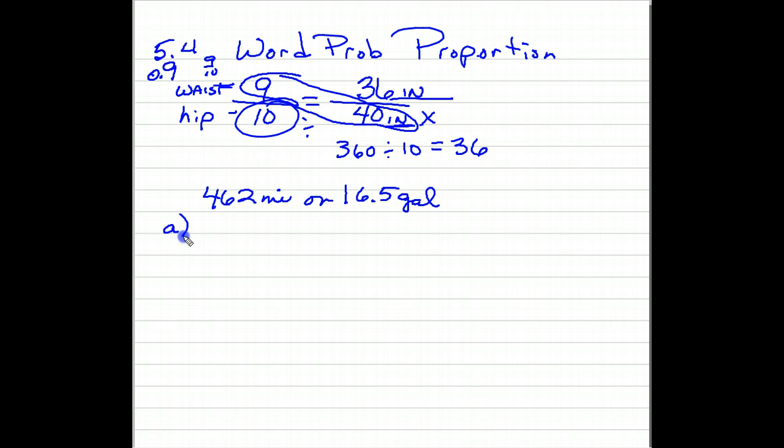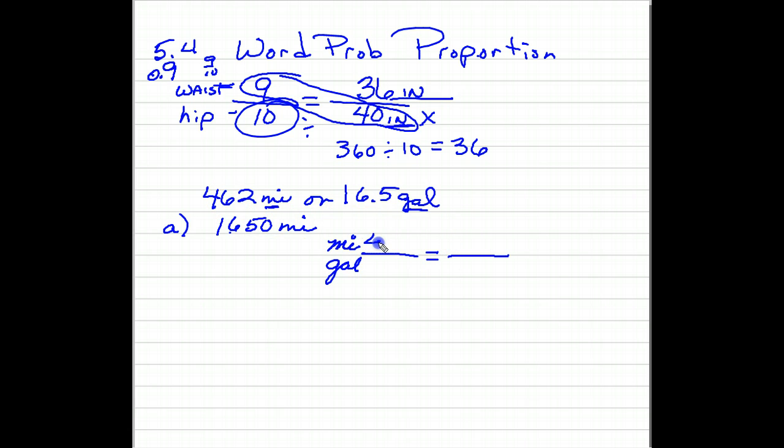So A says, how many gallons will it take to drive 1,650 miles from Pittsburgh to Albuquerque? So we have miles and we have gallons. You can decide where you want to put them. It won't matter if you put miles and gallons or gallons and miles, but you need to write down which one you're going to do so that you make sure and put the same. Like if you put miles right here, you want to make sure you put miles right here.